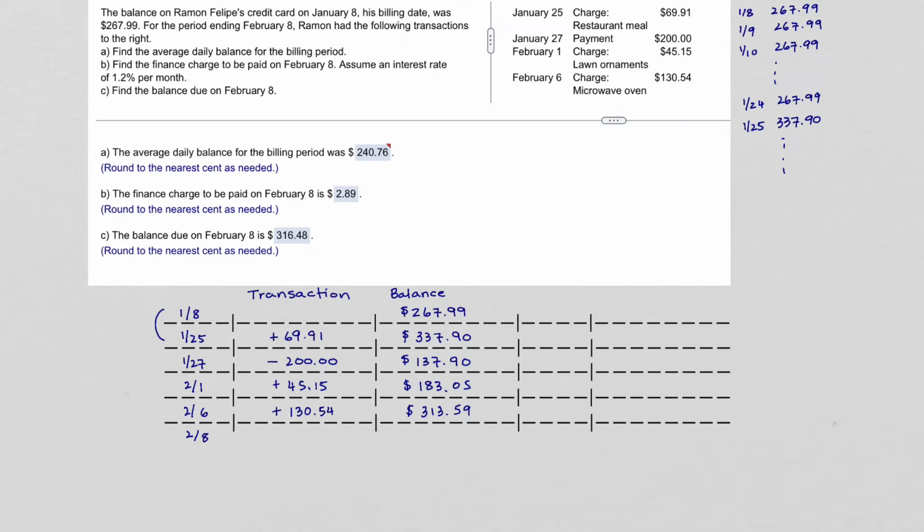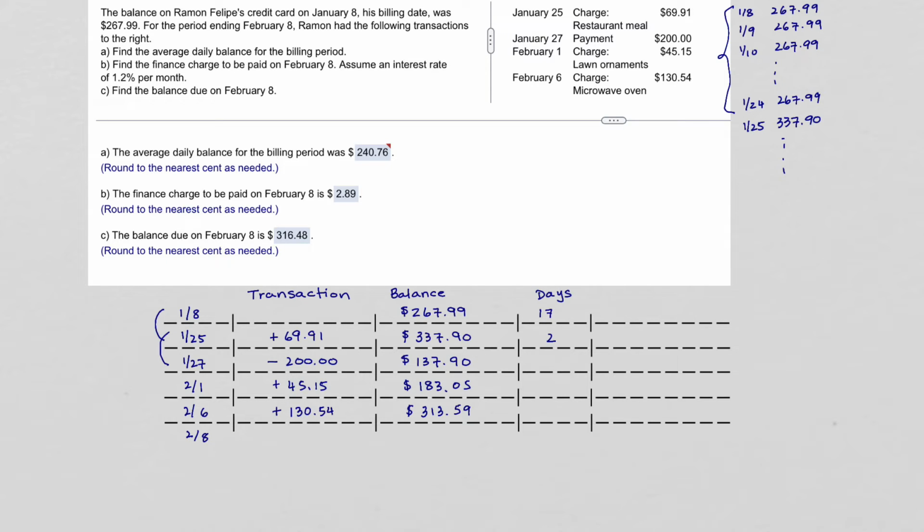I just take 25 minus 8, and that gives me 17 days. So I know that there were 17 of these up here. And then how many days was there a balance of $337.90? So now we're going from the 25th to the 27th, and that's 2 days.